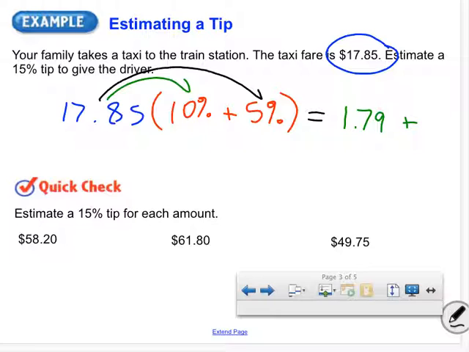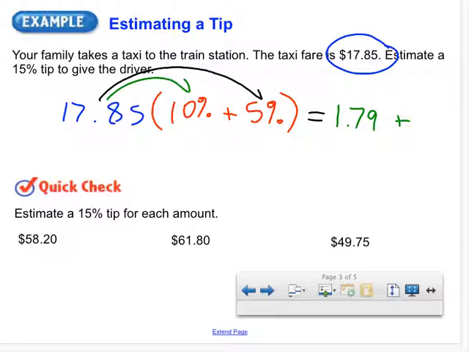How do I figure out 5%? I should be able to mentally do it. Half of 10%. Nice. 5% is half of 10%. Well, we already have 10%. So if we take half of $1.79, then we'll know what 5% is. So what is half of $1.79? Well, half of $1 is what? 50 cents, right?